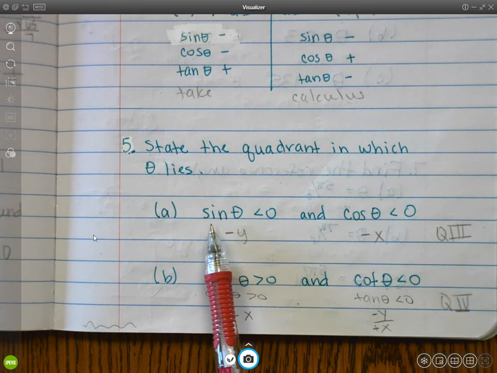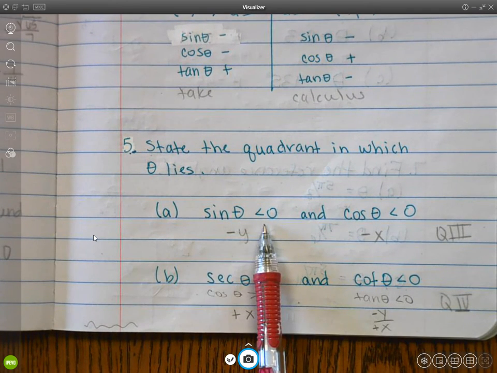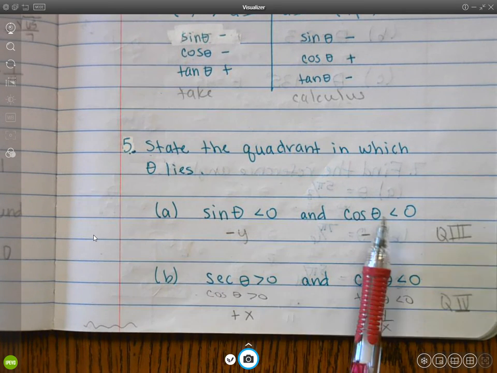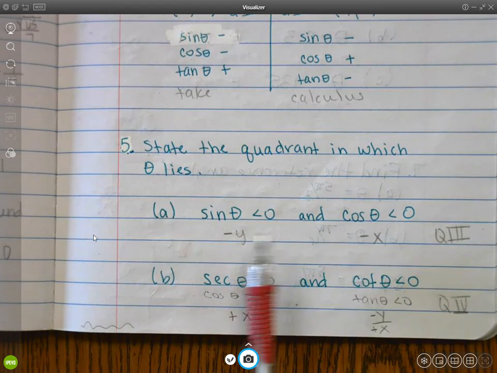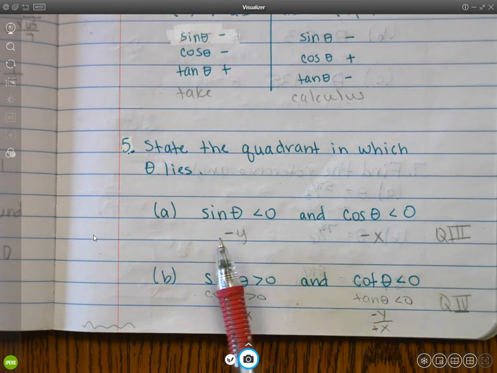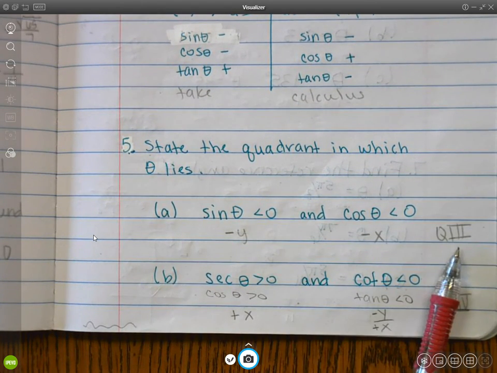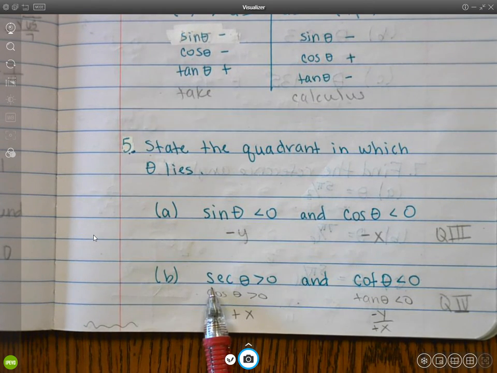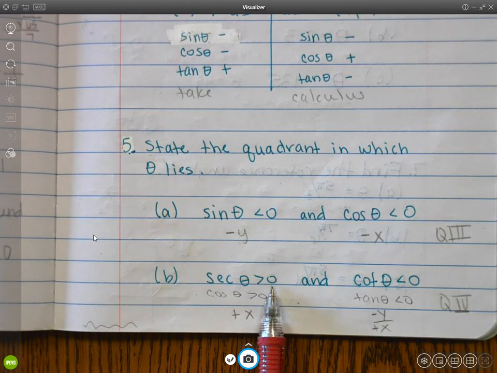All right, so if sine is less than 0, meaning sine is negative, that means the y-coordinate is negative. Cosine is less than 0, which means negative, so x is negative. So if your ordered pair has a negative x and a negative y, you're in quadrant 3. All right, the next one, if secant is greater than 0.